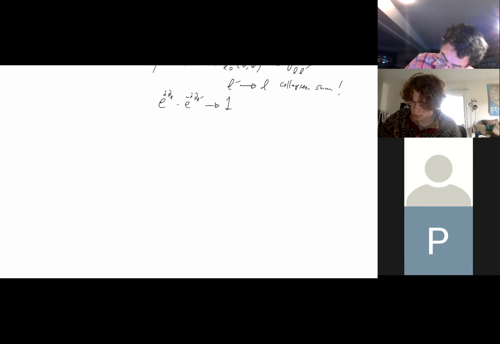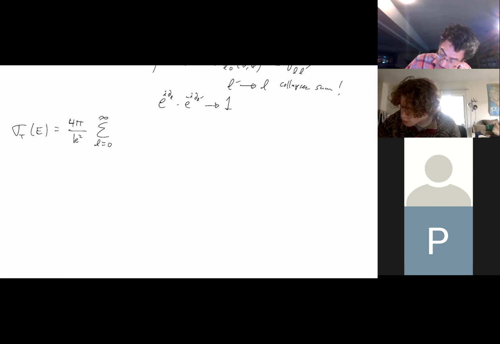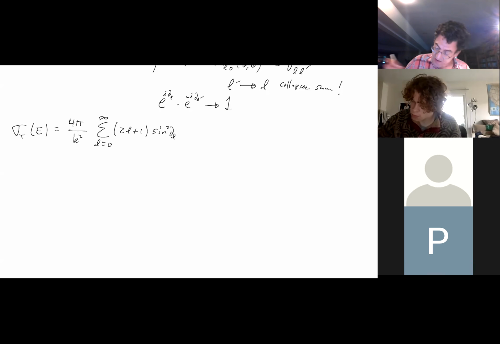It's just a little line of algebra, but when you plug everything in, you see that the total cross section, and remember this is at one particular energy, is equal to 4 pi over k squared times the sum, L equals 0 to infinity, of 2L plus 1 times sine squared delta L, where the delta L is a function of energy.